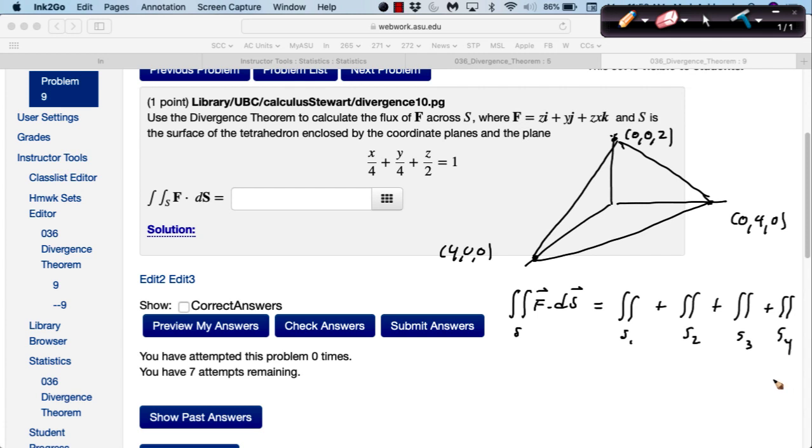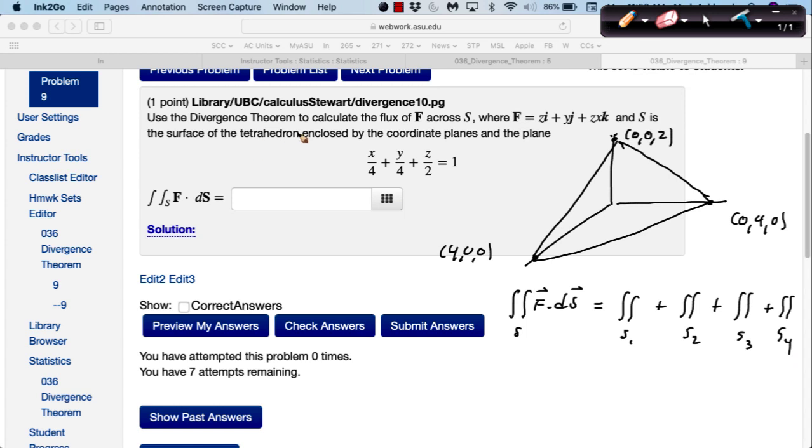For each surface, S1 through S4, we'd have to parameterize it as a plane, and then find F dot dS, whether we do F dot ru cross rv or F dot n dS. So 4 surface integrals to do to get the outward flux through that closed surface, right?